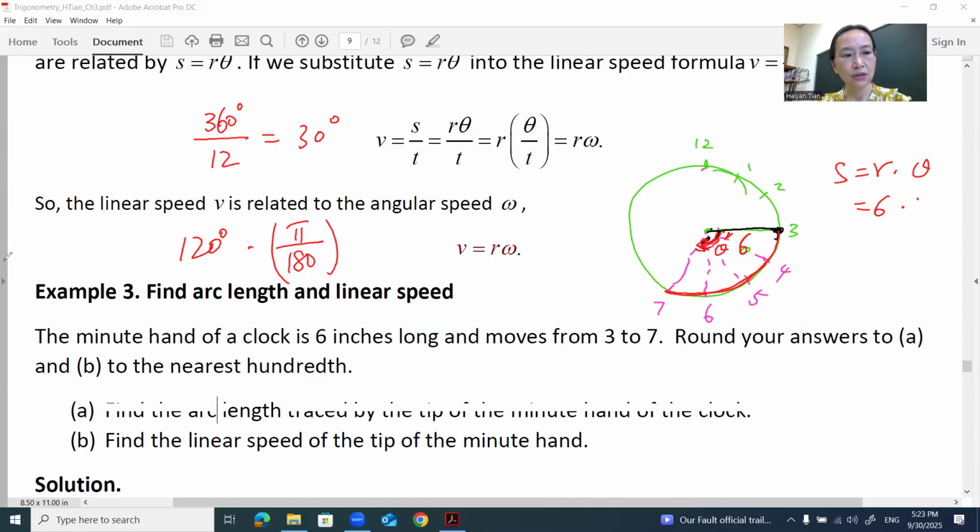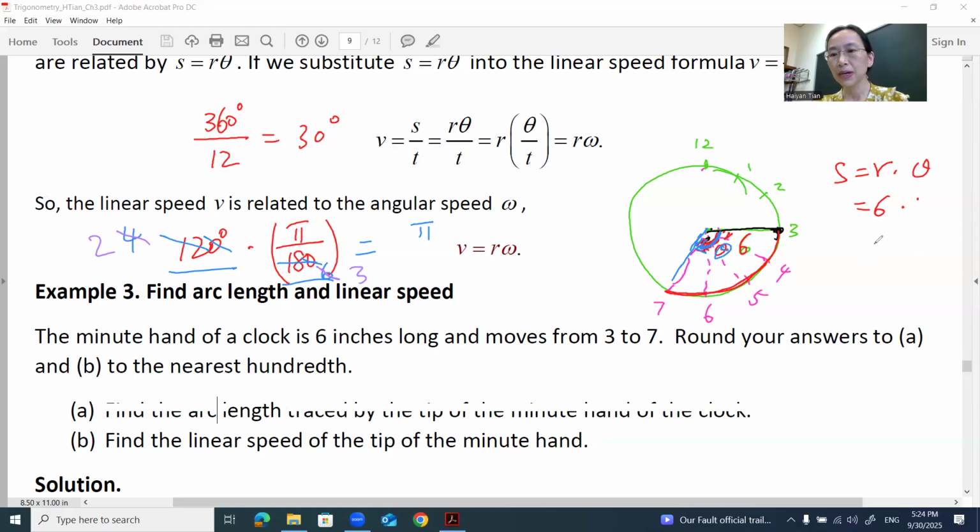So this 120 degree angle in radians will be, after we multiply these two, we can get pi and cancel. We can cancel 3. And still you have a common factor, so you can cancel a 2. So it's 2 pi over 3, right? 2/3 pi.